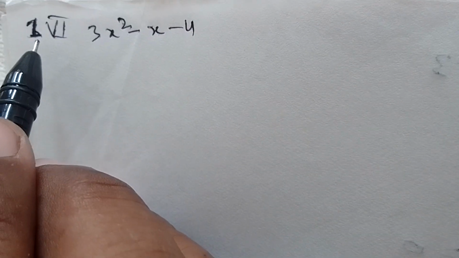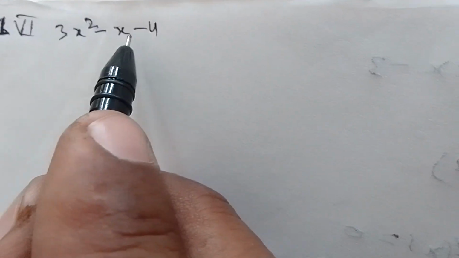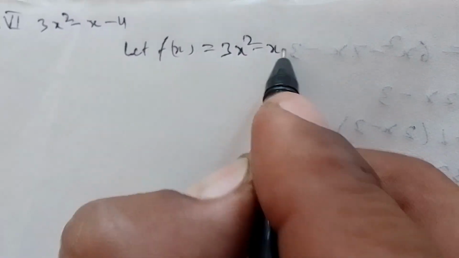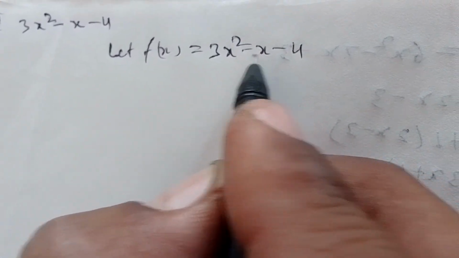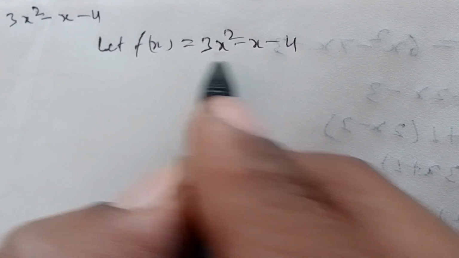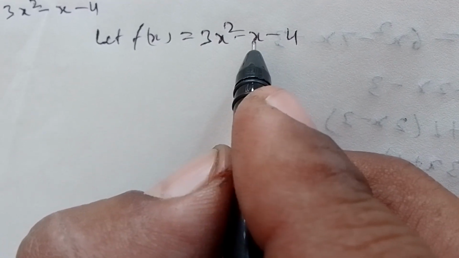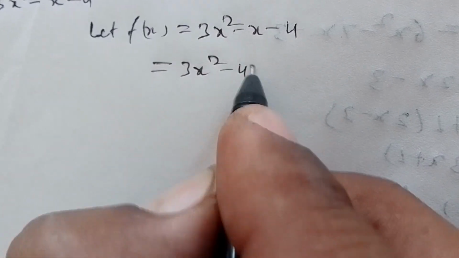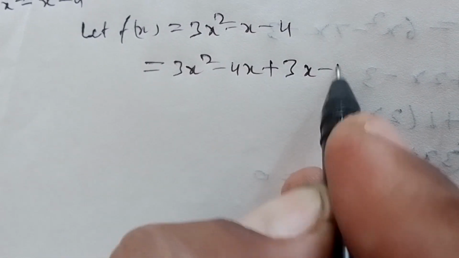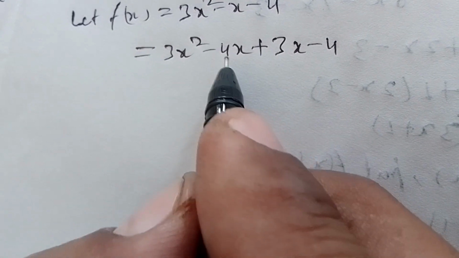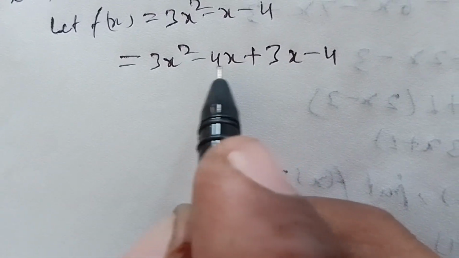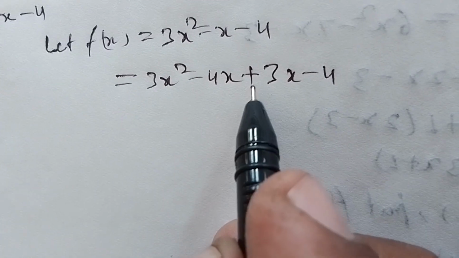The sixth and last part of the first question is 3x square minus x minus 4. Let the function f(x) be equal to 3x square minus x minus 4. So we will break minus x into two parts. The product comes out to be minus 12, and the sum comes out to be minus x. So 3x square minus 4x plus 3x minus 4. 4 multiplied by 3 is 12, and minus 4x plus 3x comes out to be minus x.